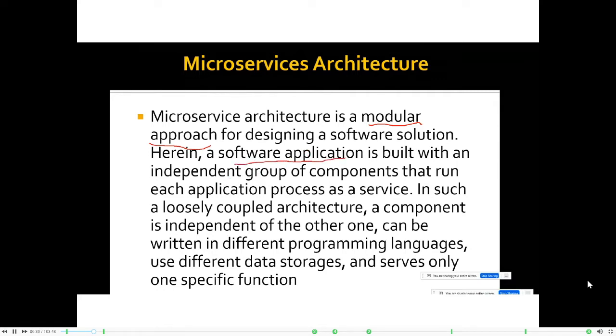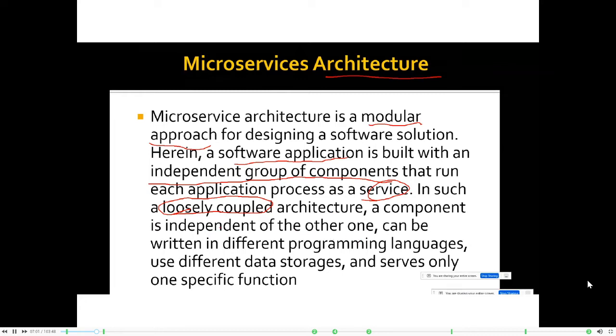A software application is built with an independent group of components that run each application process as a service. This type of architecture is loosely coupled, and a component is independent of the other ones.